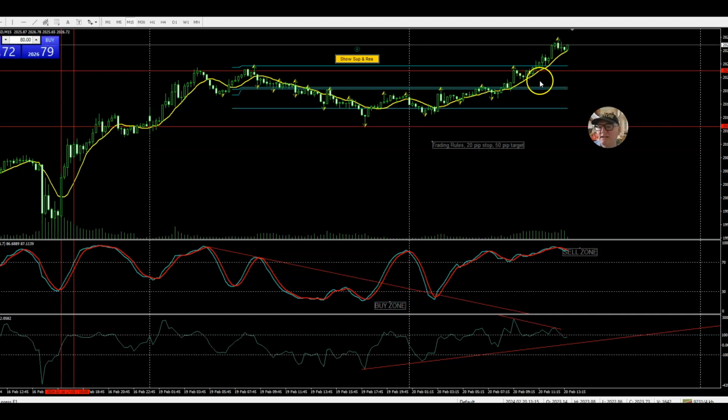Okay, so now once you get to increase your lot size, then of course it gets very exciting, doesn't it? Because if you've got a system that banks regular profits often, and it does happen often, if you look at this situation here, as I showed you earlier, negative divergence 50 pips, positive divergence 50 pips. There's also one back there as well.